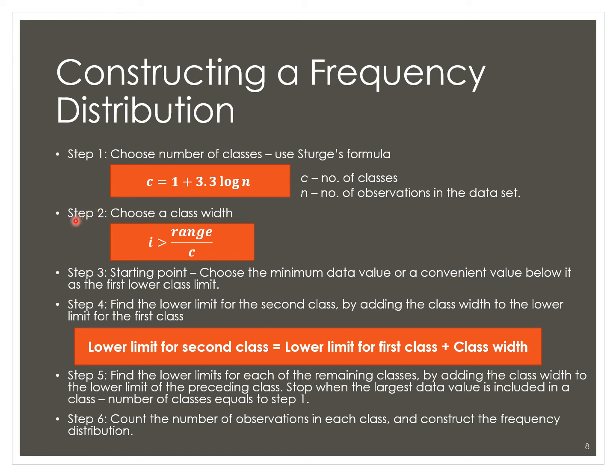And then in step 2, choose a class width, denoted by I, where I must be greater than range over C. For example, if your calculation gives greater than 18, then your I should not be 18.